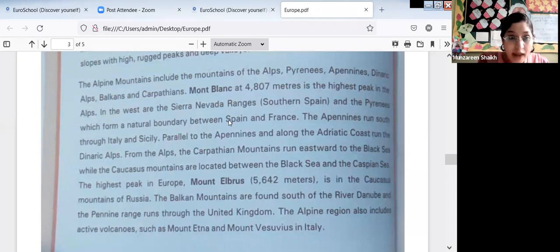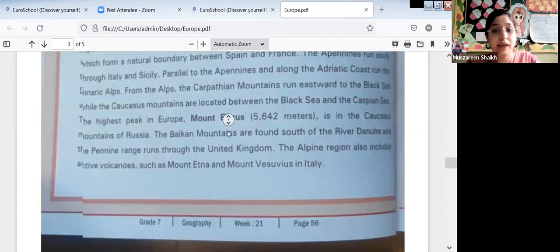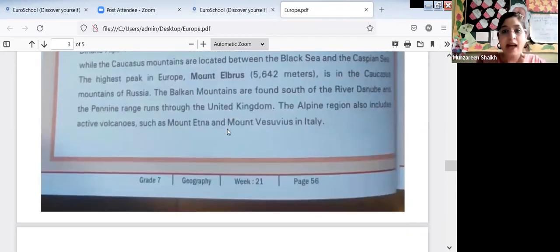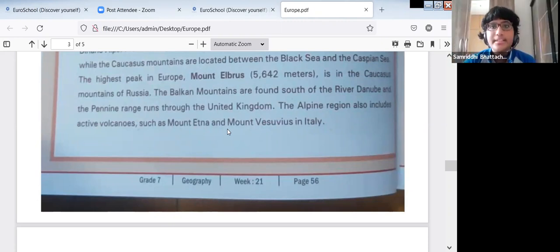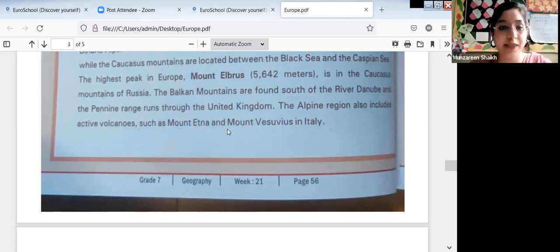The Caucasus Mountains are located between the Black Sea and the Caspian Sea. Please underline. Where is the Caucasus Mountain located, children? Between the Black Sea and the Caspian Sea.